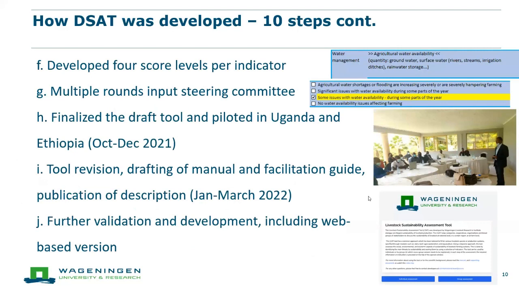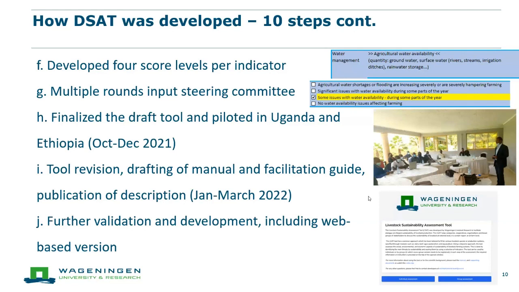Score levels: we decided to have 4, with a high level, like a good level, and in between, and a poor level. So we could say a 1 is a very good score for an indicator, and a 4 is a very poor score for sustainability based on the indicator. We are going to see details in the next presentation directly in the tool.